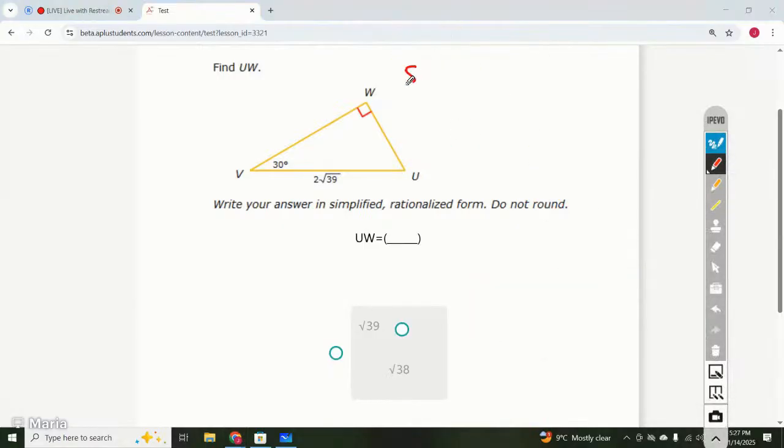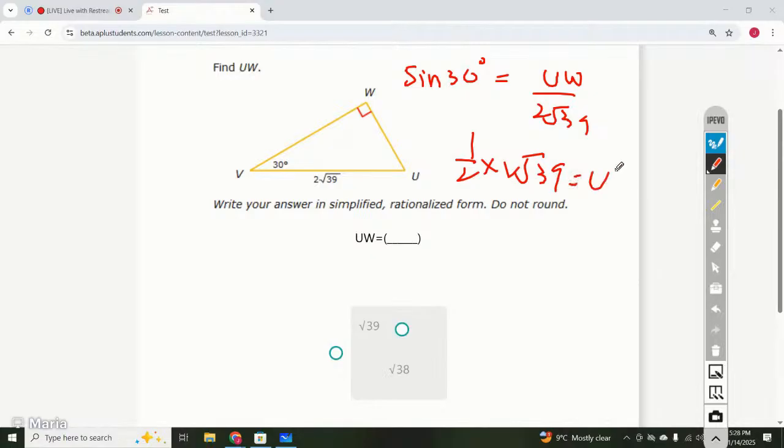So I'm going to use sine 30, that equals UW divided by 2 square root 39. So sine 30 is 1 by 2. 1 by 2 times 2 square root 39 is equal to UW. 2 and 2 cancel out, so UW equals square root 39. The correct option is square root 39.